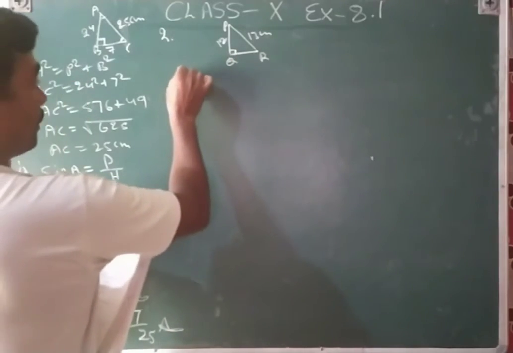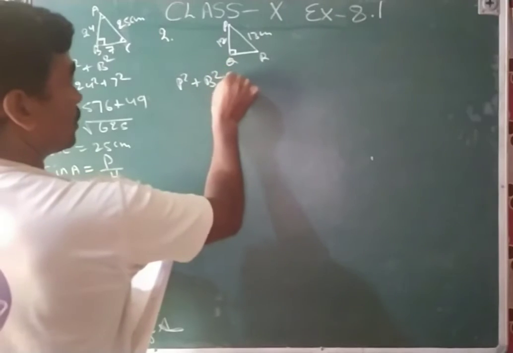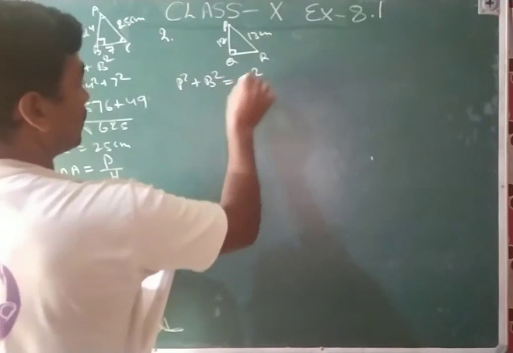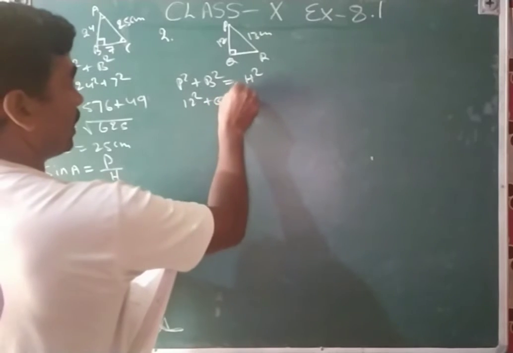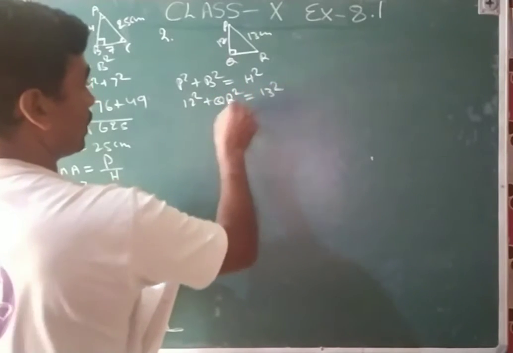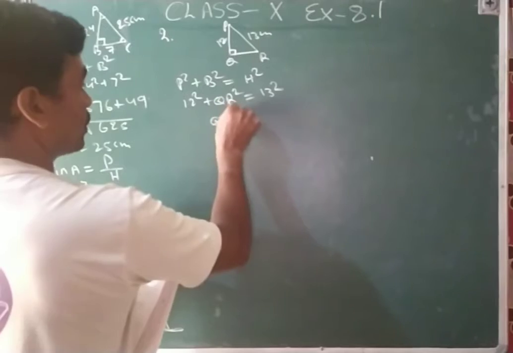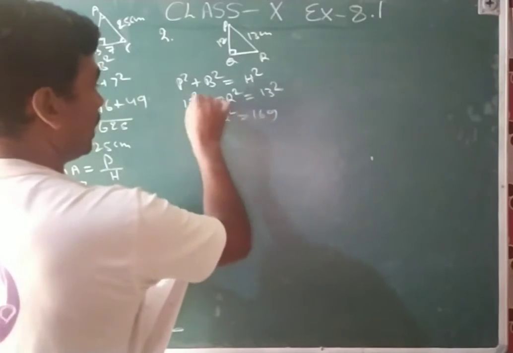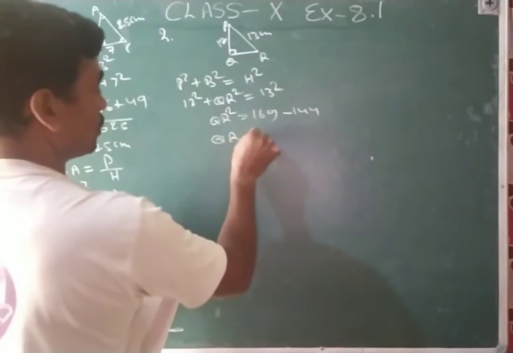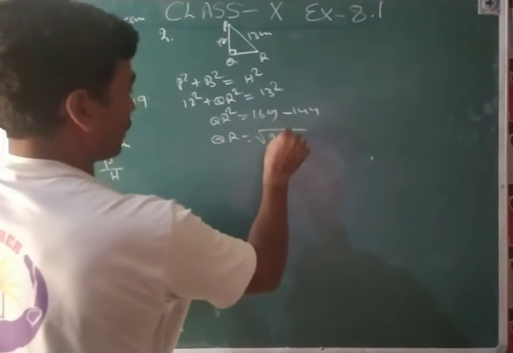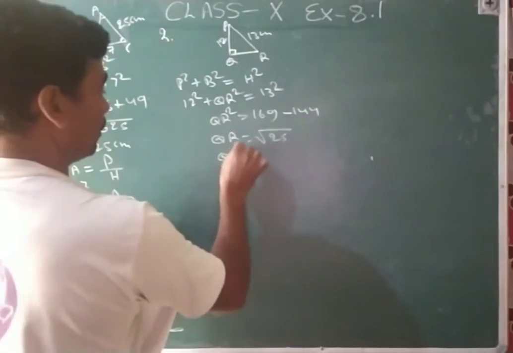So P square plus B square is equal to H square. So 12 square plus QR square is equal to 13 square. So QR square is equal to 169 minus 144, which is 25. So QR is equal to under root 25.